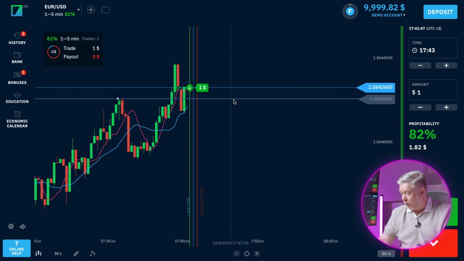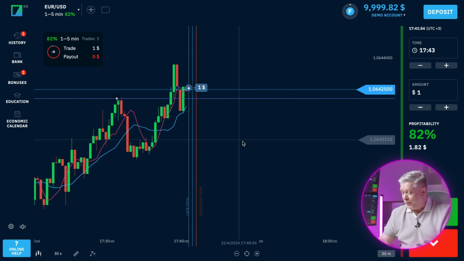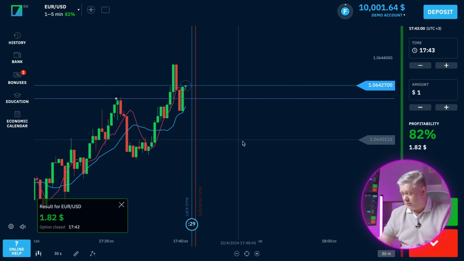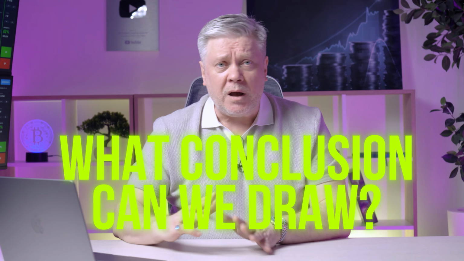As long as the price stays above our support level of 1.0640, we can expect it to continue growing. Then we will have a small profit, which is modest but good. So, what conclusion can we draw?